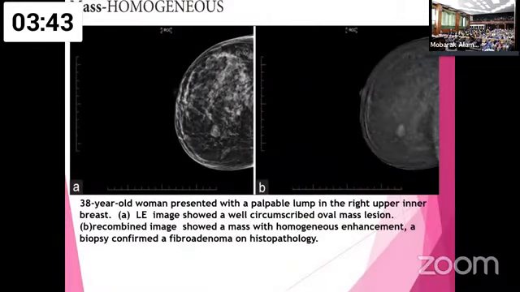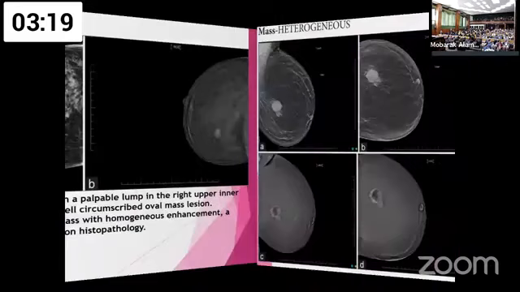Among the commonest enhanced benign masses are fibroadenomas, papilloma, and inflammatory masses. This is a young female presented with a mass. It looks well-defined, homogeneous, and on the recombined view, it shows homogeneous enhancement, and findings were of fibroadenoma confirmed by histopathology.